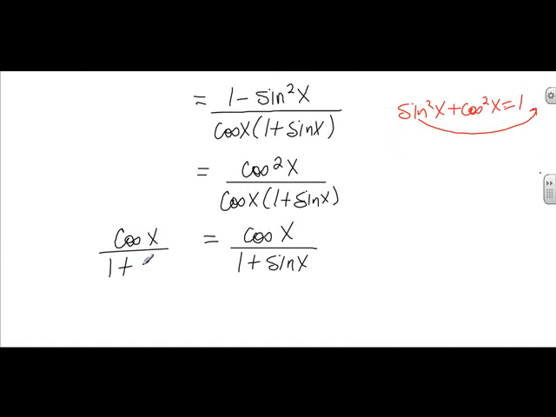All right, one more example. Secant of x plus cosecant of the opposite of x, all divided by secant of x times cosecant of x equals sine of x minus cosine of x. All right, this identity I'm going to work on the left side.